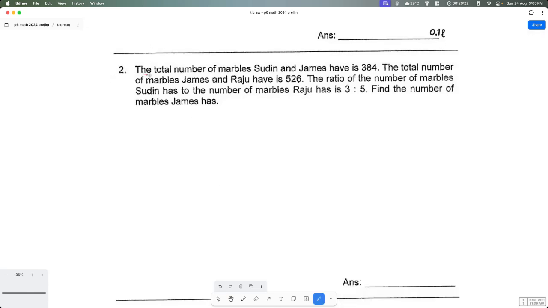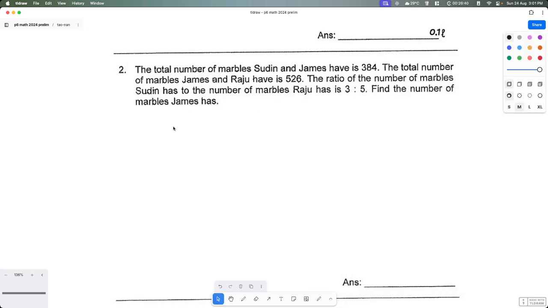Question 2. The total number of marbles Sudin and James have is 384. The total number of marbles James and Raju have is 526. The ratio of the number of marbles Sudin has to the number of marbles Raju has is 3 is to 5. Find the number of marbles James has.